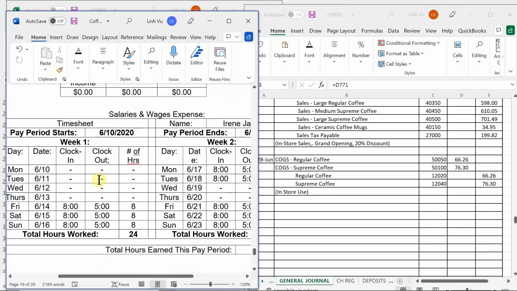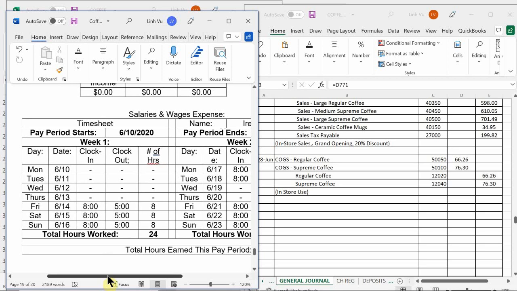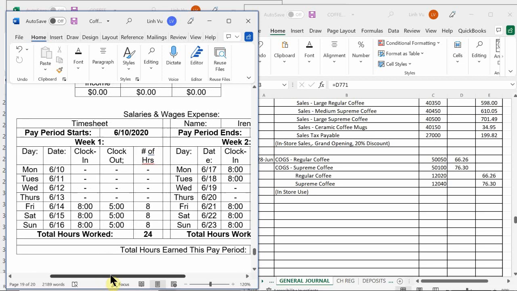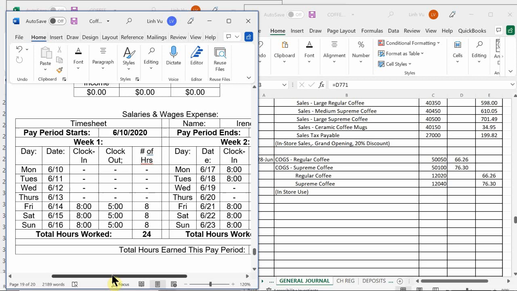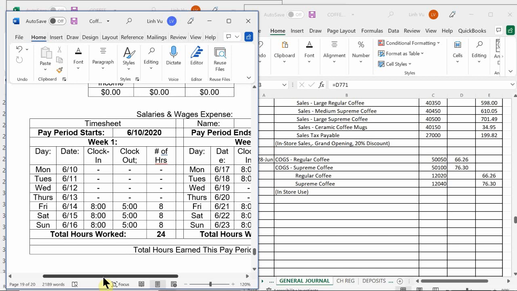All right? So she's worked. Okay, so again, we started the payroll period to be on Monday, June 10, right? And we hired her on the 11th or 12th, and she was expected to work starting on Friday the 14th. So in this case, she clocked in her first shift of 8 hours on Friday the 14th.